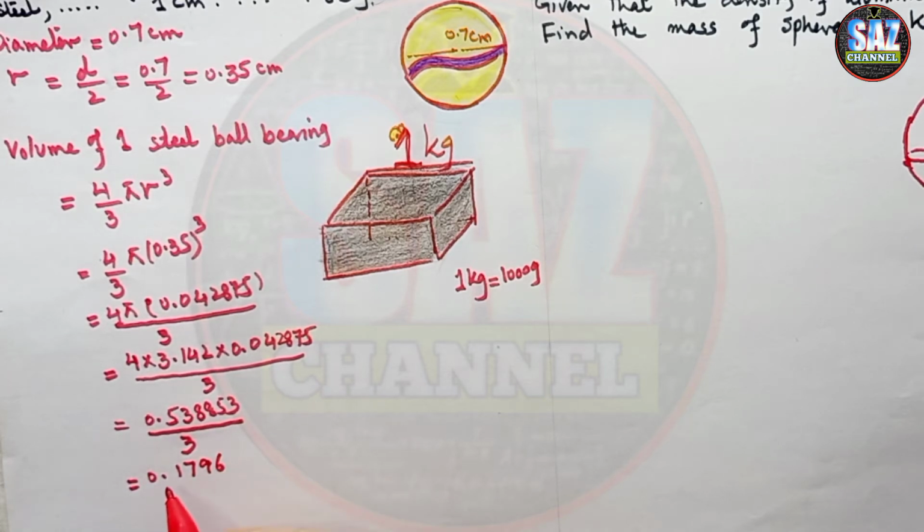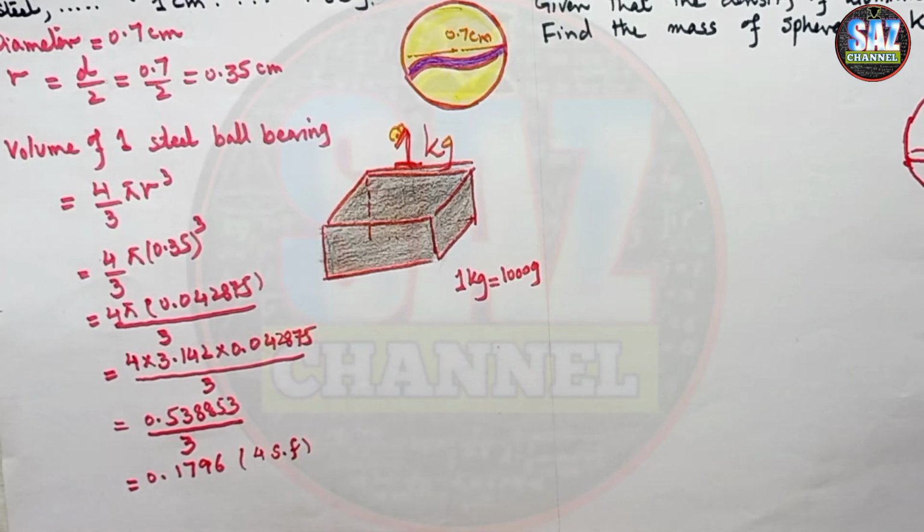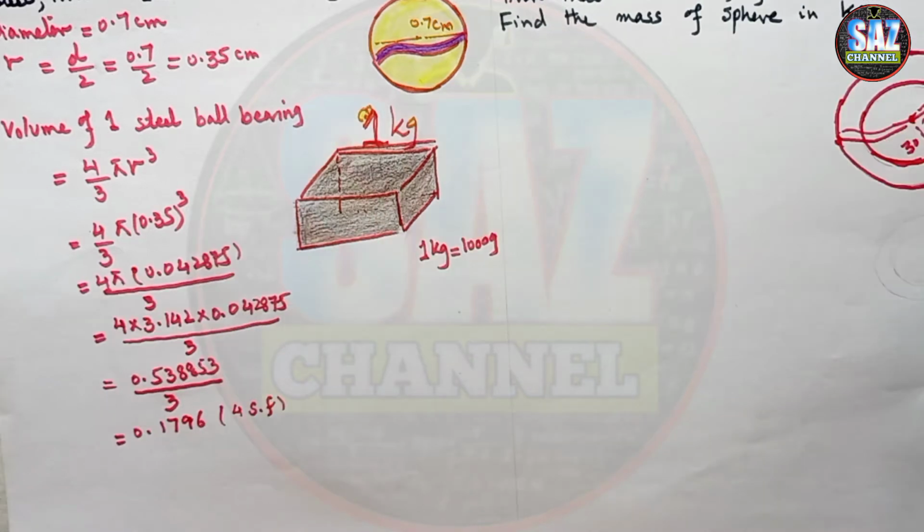So I will be taking the calculation as 0.1796, nearest to 4 significant figures. This is the volume of one ball bearing, and this is in centimeter cube.